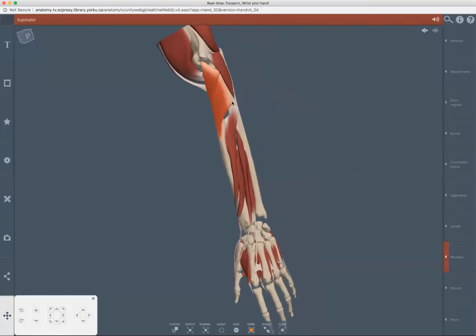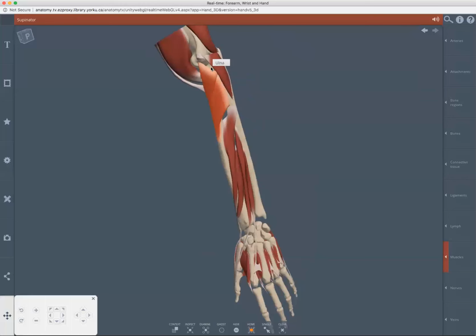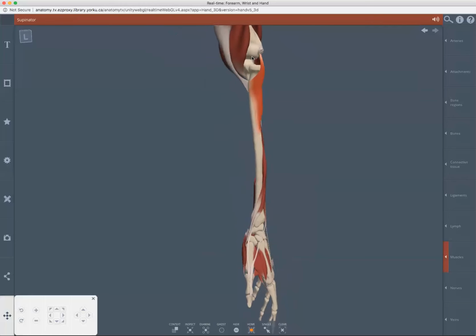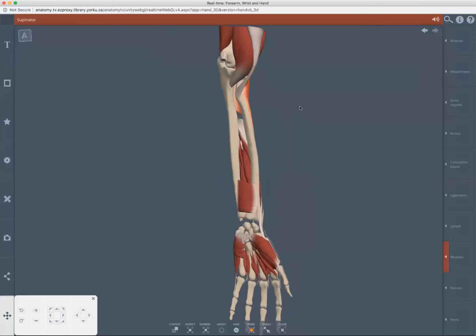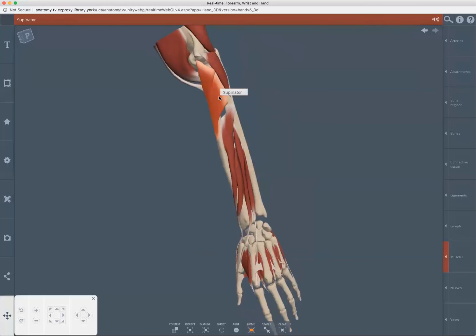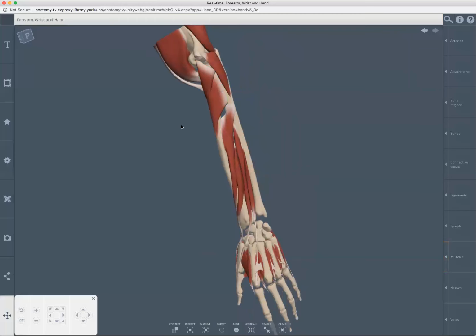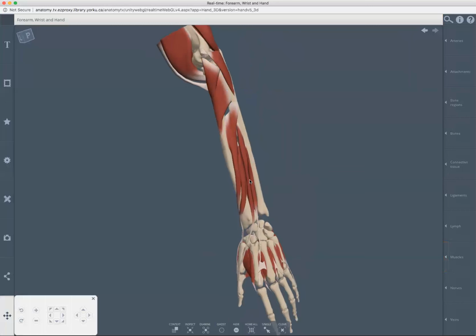And you can see supinator is attaching here to the ulna and the humerus, and it wraps all the way around the radius. So when it grabs it, it's going to pull the arm in this direction, which is supination, okay? So that's supinator.